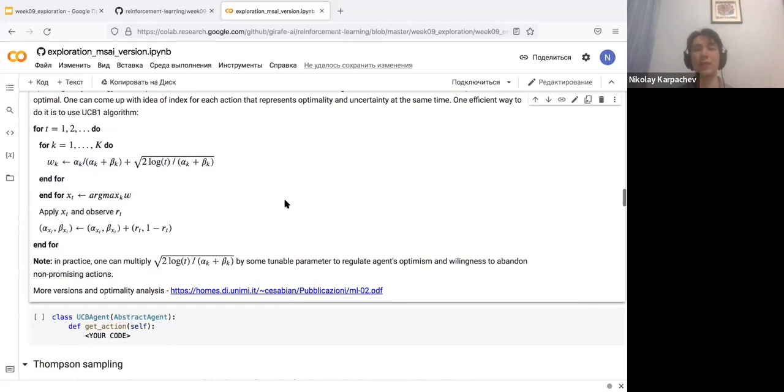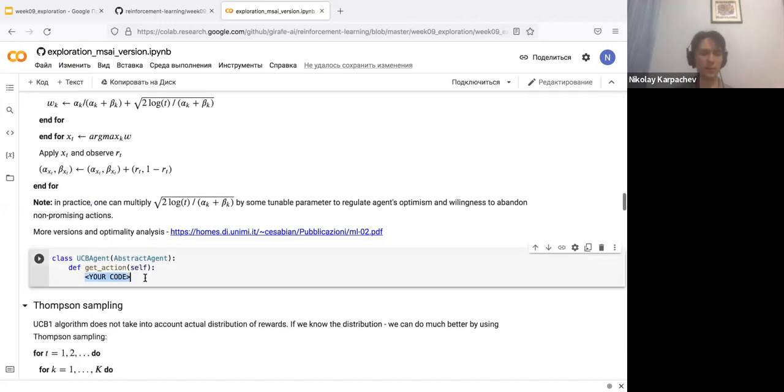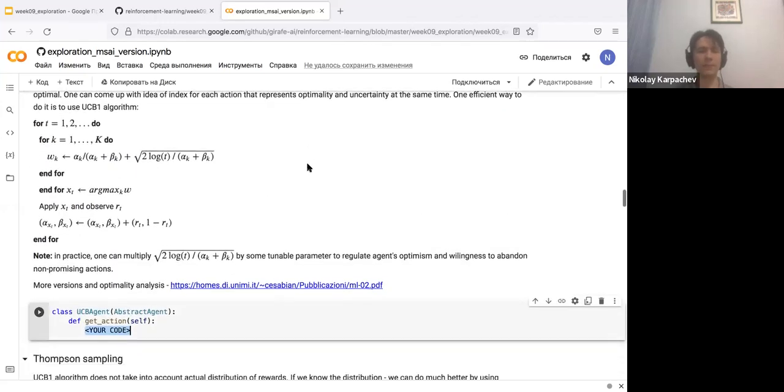The confidence level decays over time, and that's already introduced here. So you simply take this formula, estimate the upper confidence bounds for each action, and select the action with the greatest upper confidence bound.